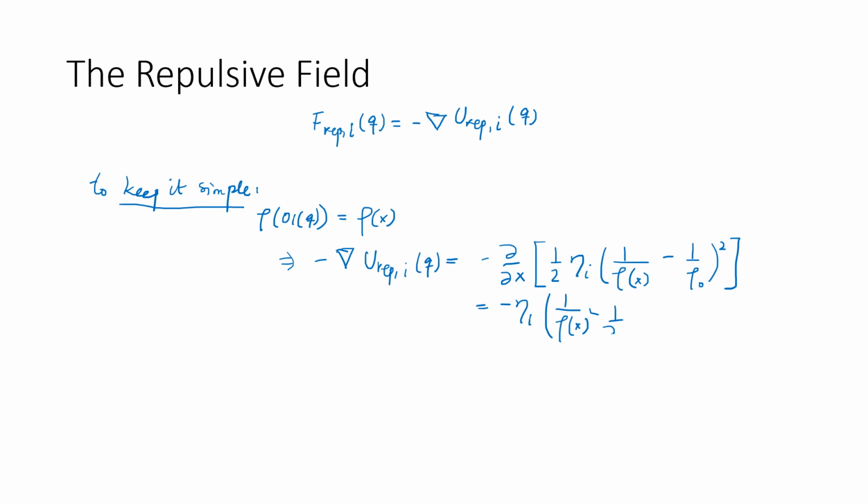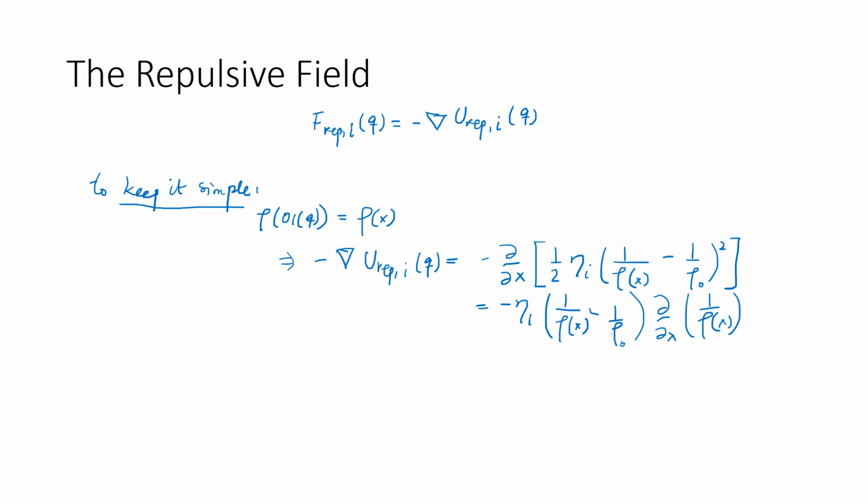1 over rho naught, and then you have once again the partial derivative of 1 over rho of x.